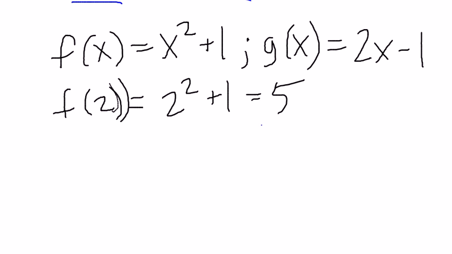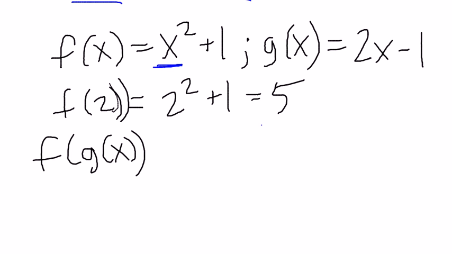So same idea with composition. Instead of looking at f of 2, we might look at f of g of x. So we're going to replace all of the x's in f of x with g of x. So maybe I'll just do it like this.